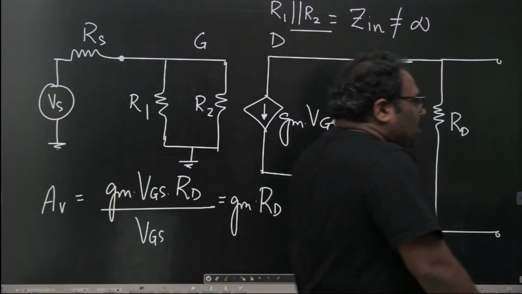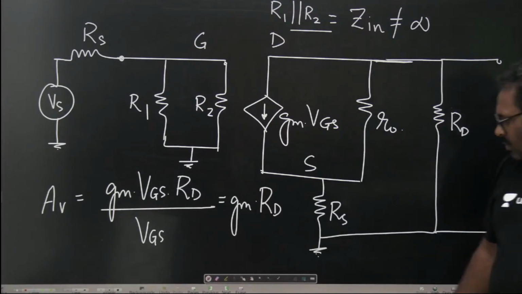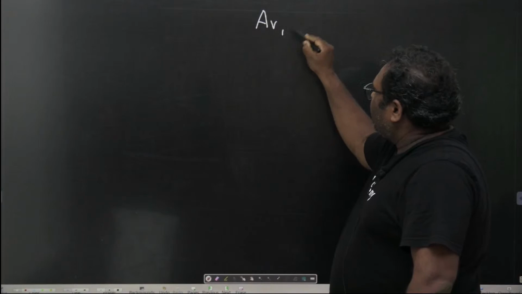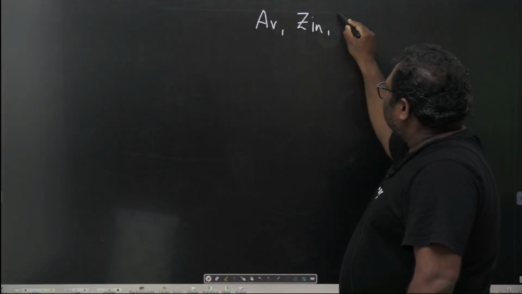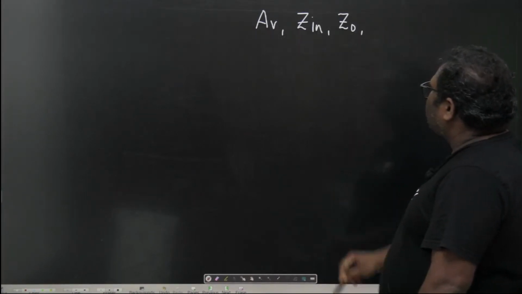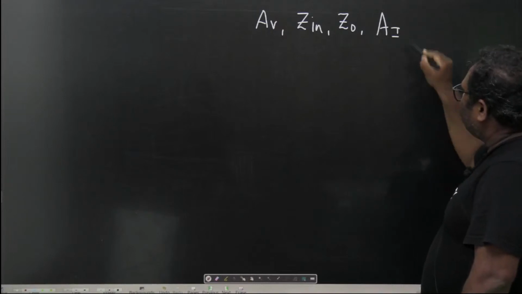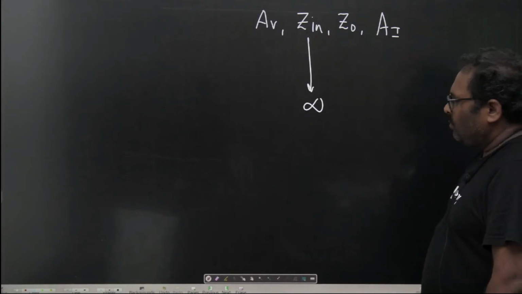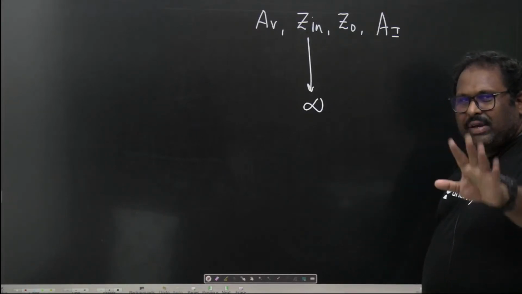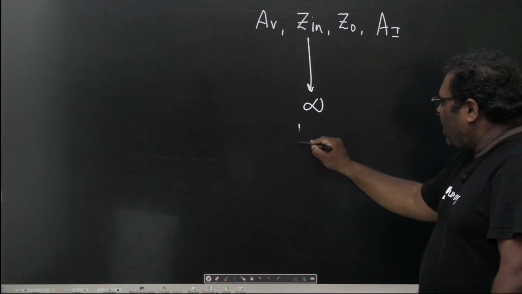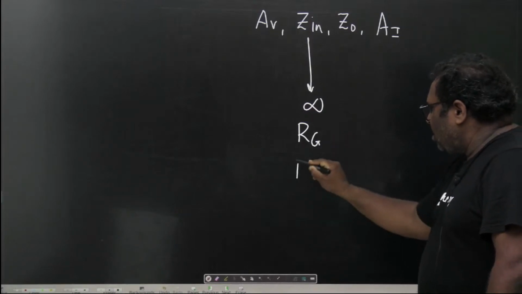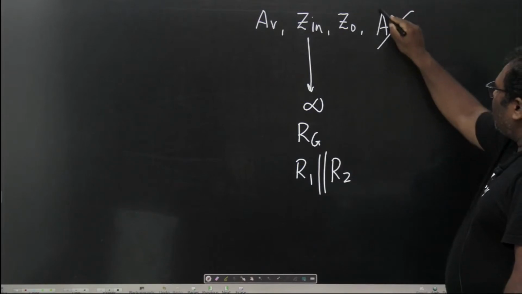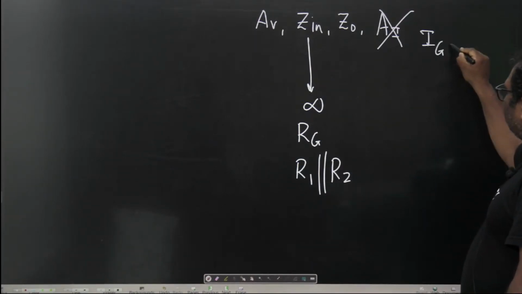So AC analysis always involves four things. Every AC analysis involves calculation of AV, input impedance, output impedance, and current gain. The good news is the input impedance will be almost infinity if it is only the MOSFET or the JFET, or it will be equal to RG, or it will be R1 parallel to R2. The current gain will not be defined because IG will be 0.